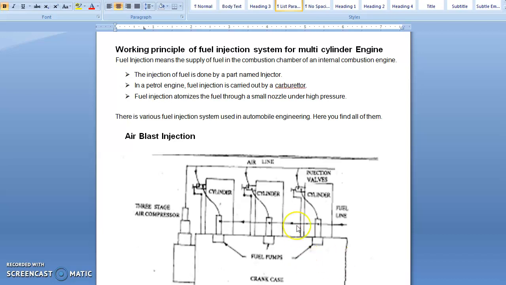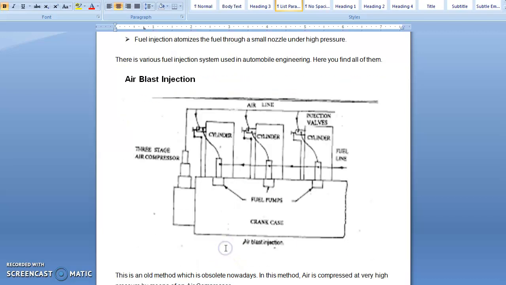Here in the figure you can see the air blast injection. This is the crankcase. There are three cylinders, cylinder number 1, 2 and 3. Here you are using a multi-stage compressor. The function of that compressor is to suck the air from the atmosphere and store it in a reservoir.